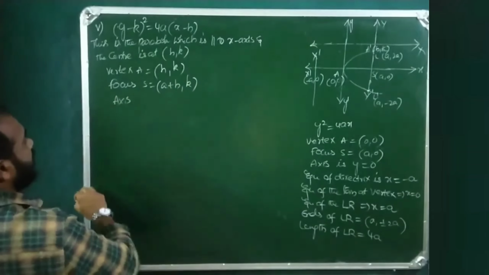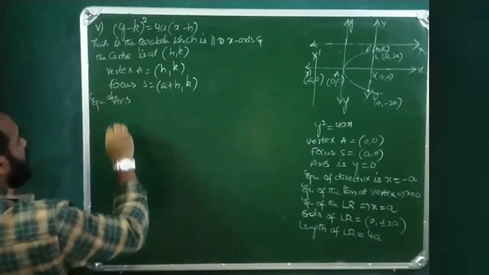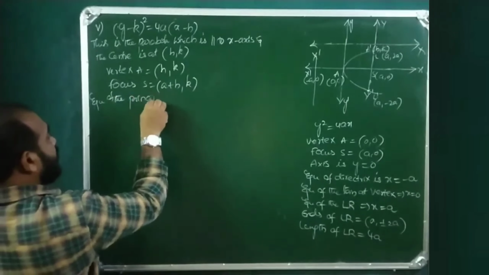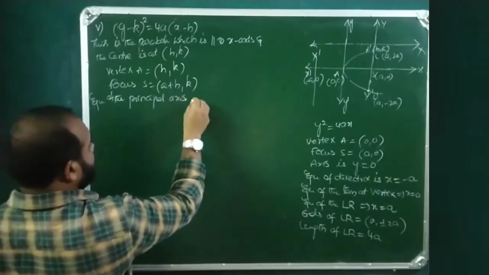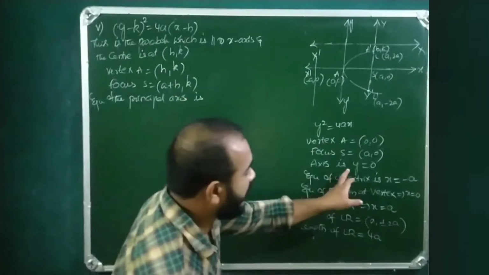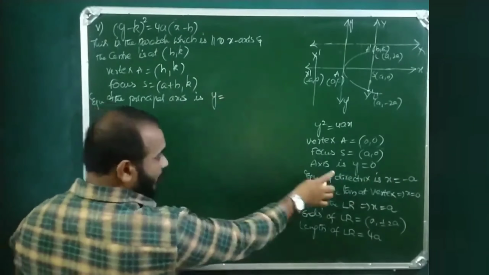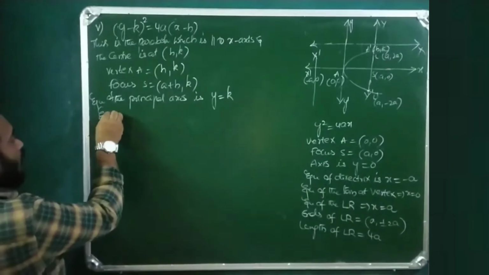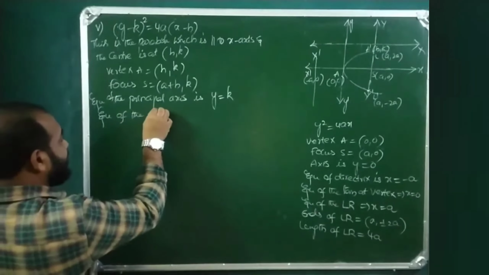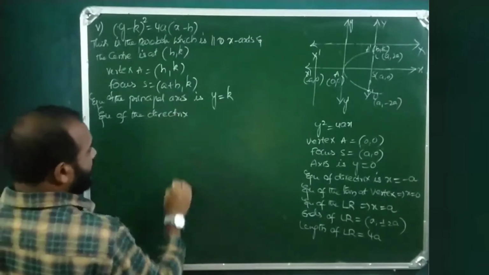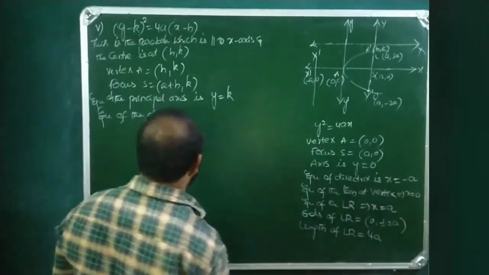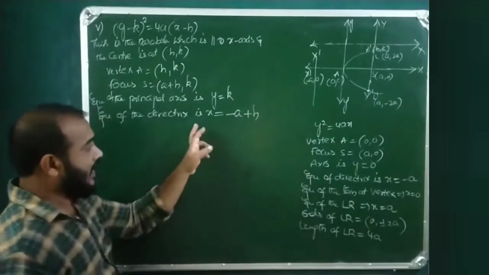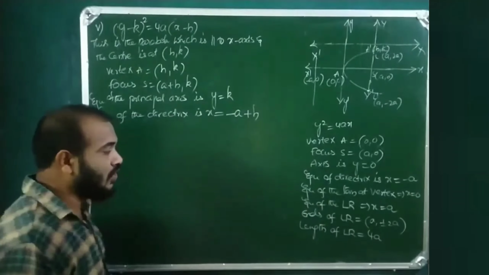Axis: the equation of the principal axis is how much here? y is equal to 0. Here y equals 0 plus k. So y equals k. Next, the equation of the directrix is x equals minus a. Here x equals minus a plus h. x plus a minus h is equal to 0.